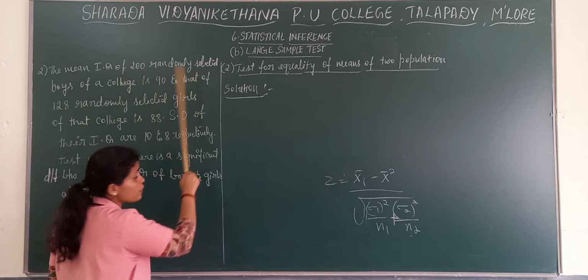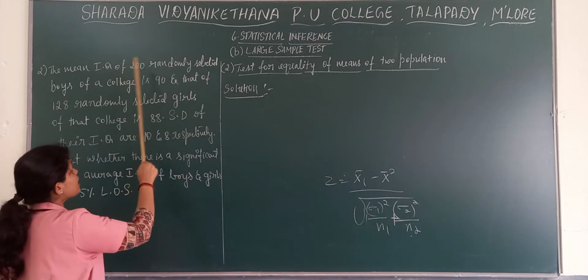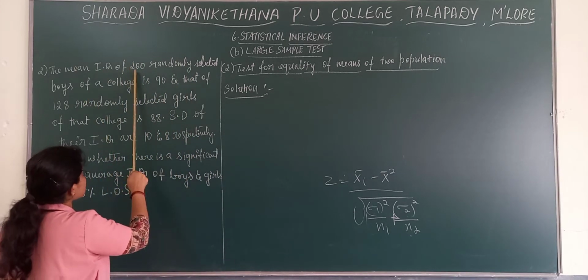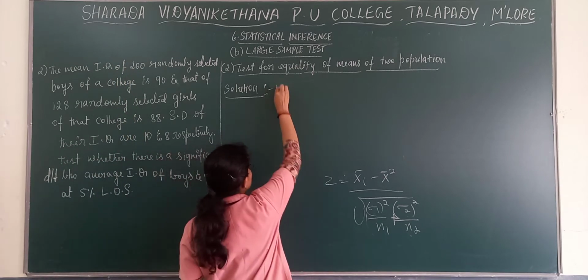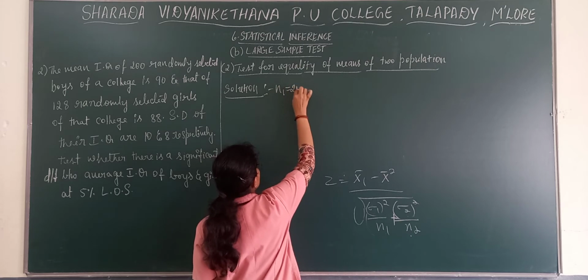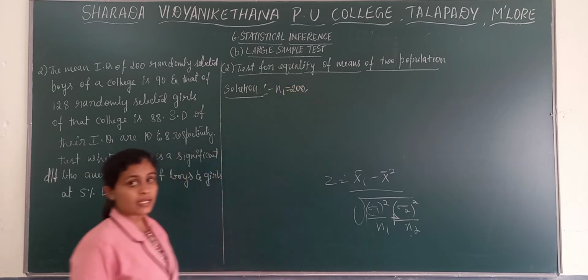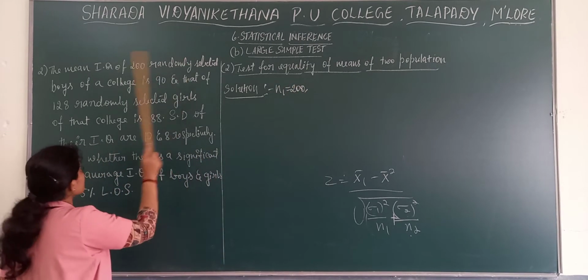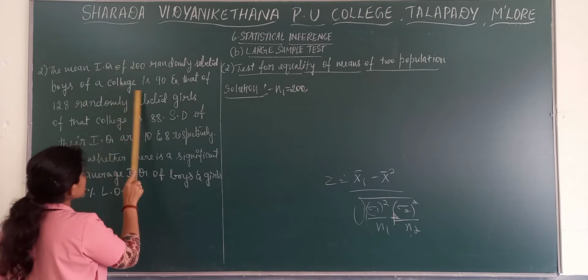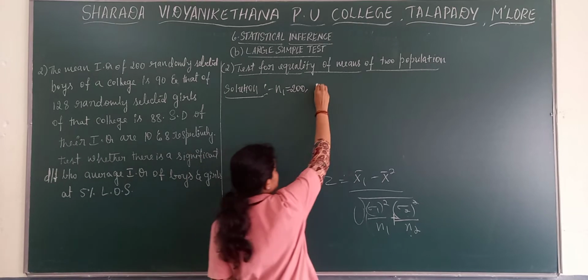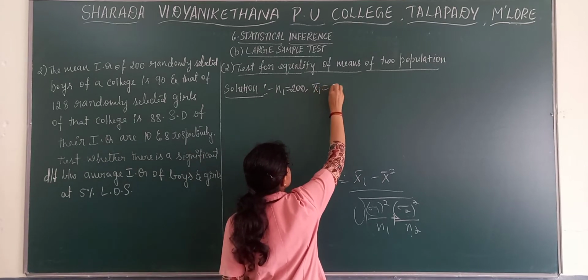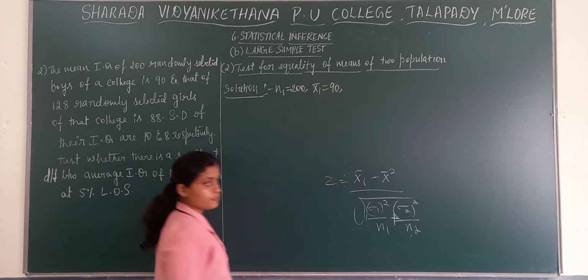How many people are there here? 200 randomly selected boys, that is your sample. So n1 is equal to 200, and the mean IQ is 90, that is x bar 1 is equal to 90.